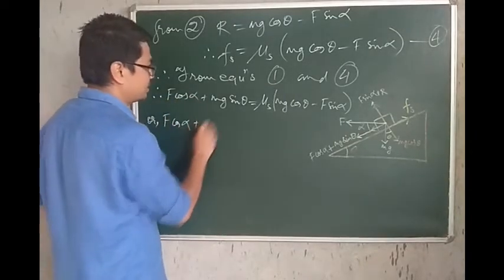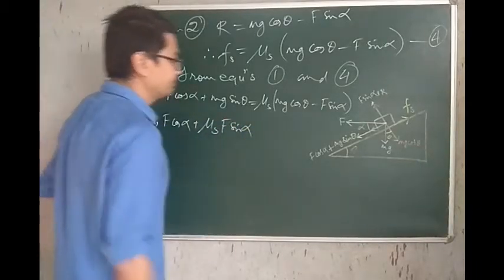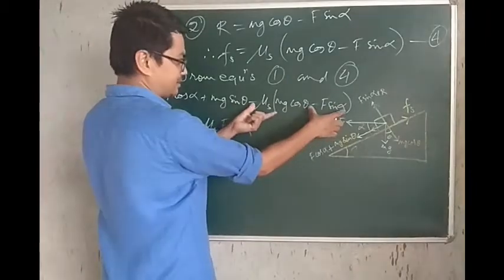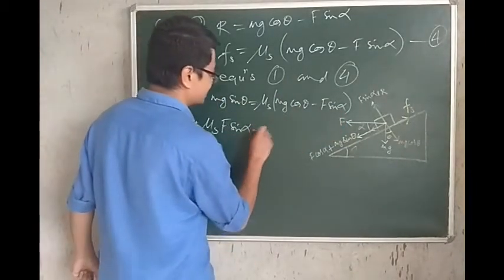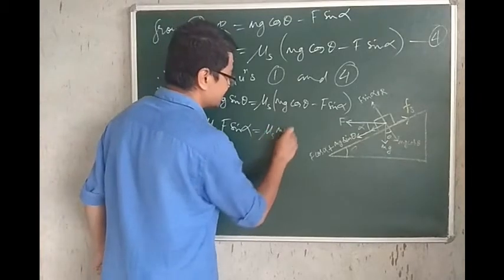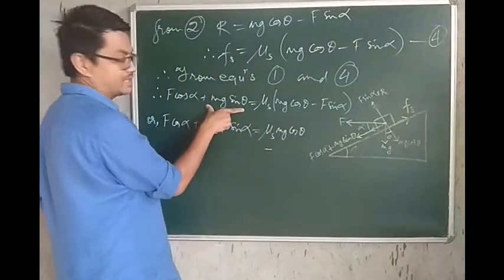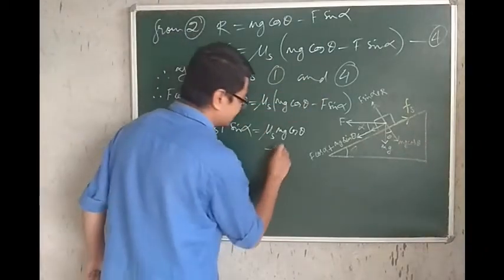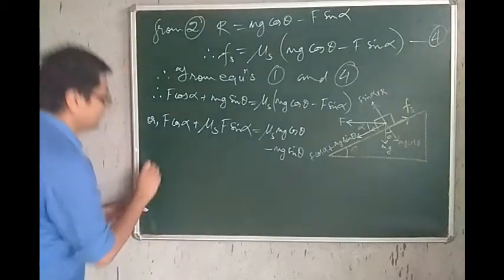F cos alpha plus mu_s into F sin alpha. I'm taking this thing, mu_s into F sin alpha, to the left hand side. So this gives me mu_s mg cos theta, minus this thing, we are taking it to the right hand side. So this is mg sin theta.